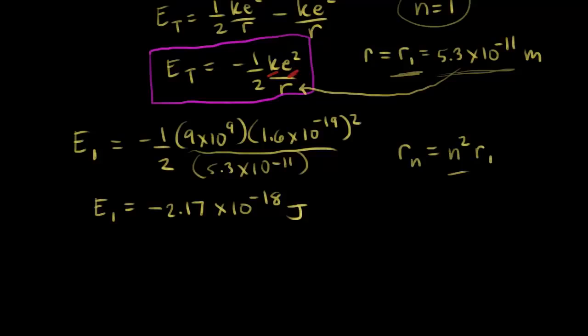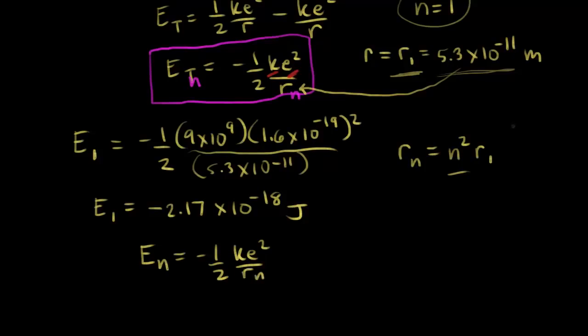All right, so we could generalize this energy. Here we did it for n is equal to 1, but we could say that E at any integer n is equal to, and then put an R sub n here. Let me just rewrite that equation. We could generalize this and say the energy at any energy level is equal to negative 1/2 Ke squared over R n.